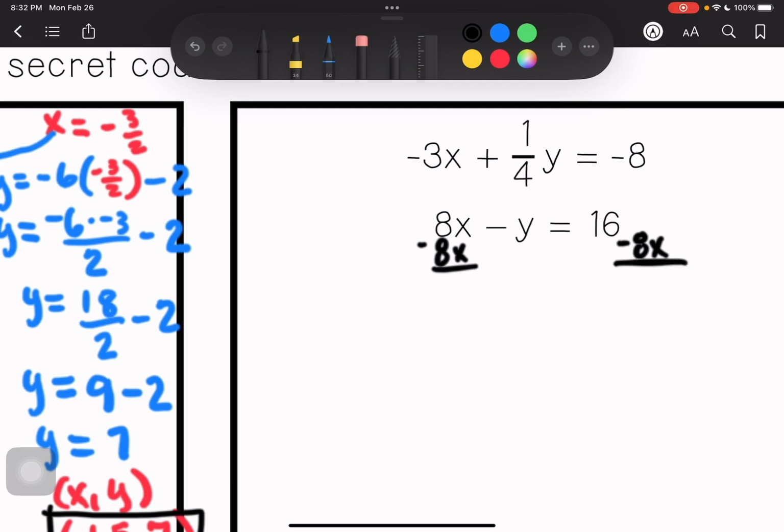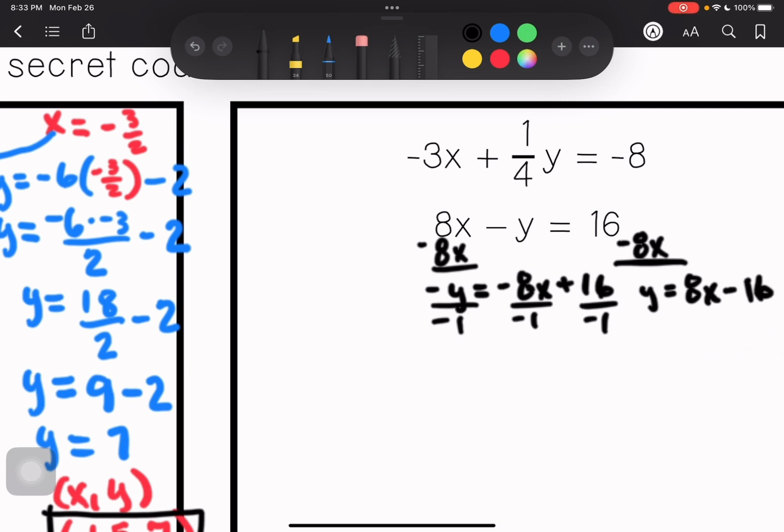And this leaves me with negative y equals negative 8x plus 16. I'm going to divide everything by negative 1 so I can get y by itself. And therefore, that leaves me with y equals positive 8x minus 16.